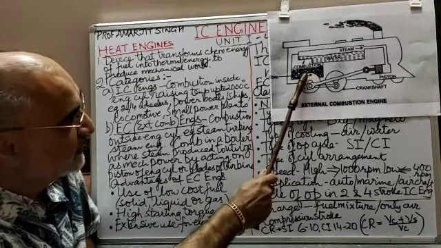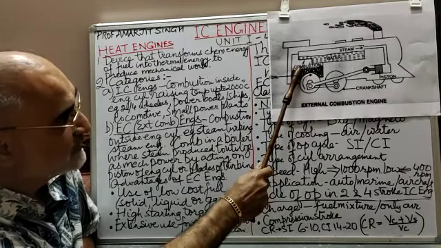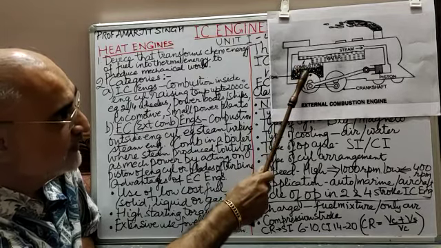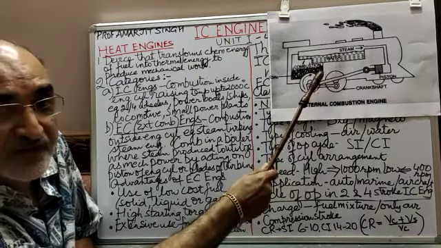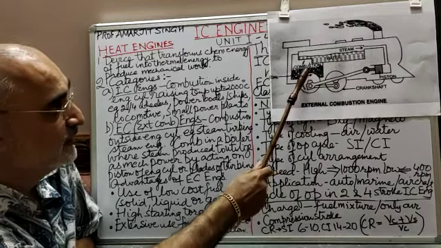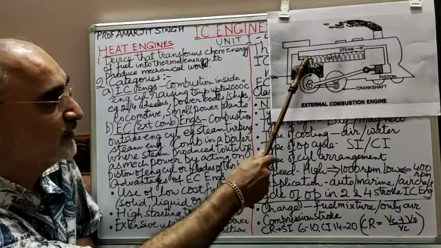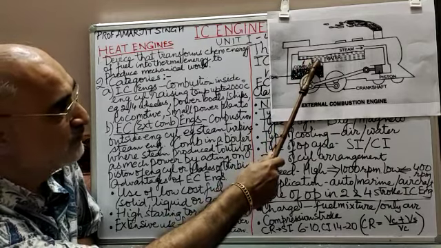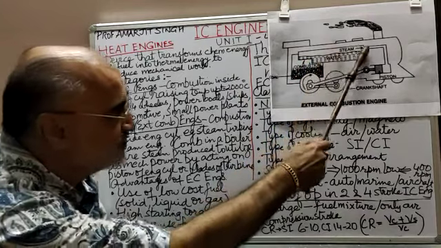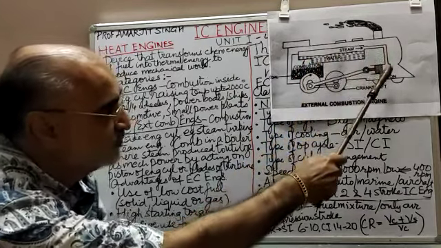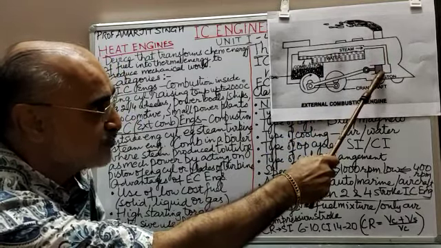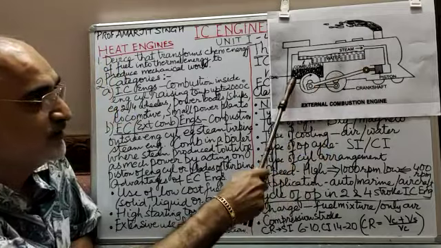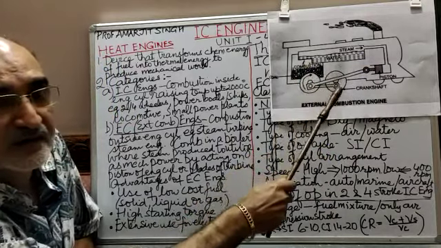Here you see the combustion takes place outside the engine. This is coal. We are looking at the old steam engine which used to run earlier. It heats the water, which converts into steam. The steam further goes into the cylinder, into the engine, and pushes the piston to drive the wheels of the locomotive.